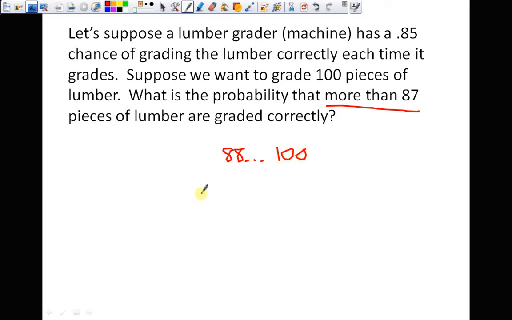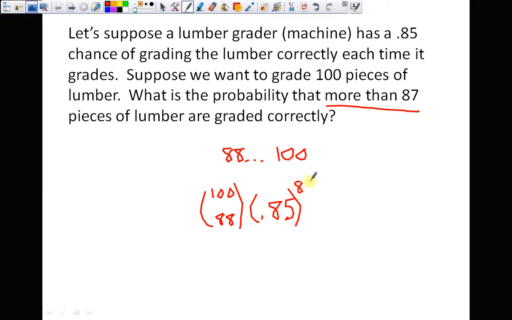Okay, so if we do our formula, we have 100 trials, and we choose 88 successes. That tells us how many ways can you get 88 successes out of 100. We have our probability of success. How many of those did we want to get correct?